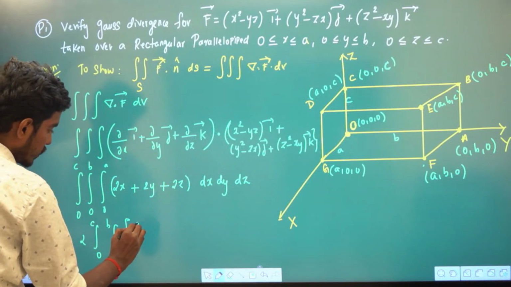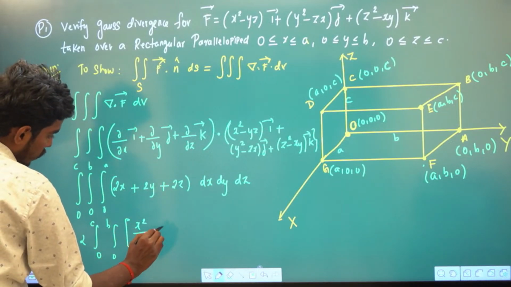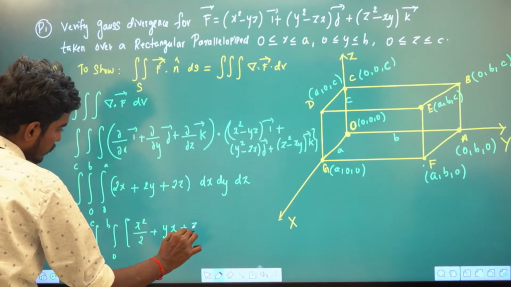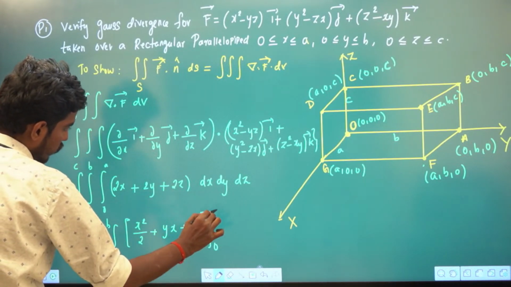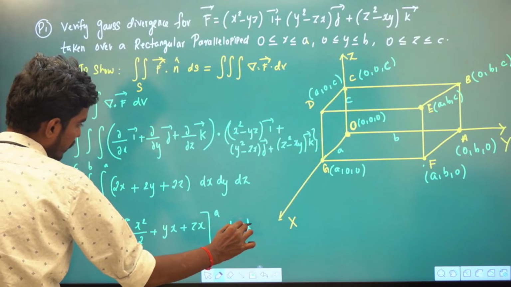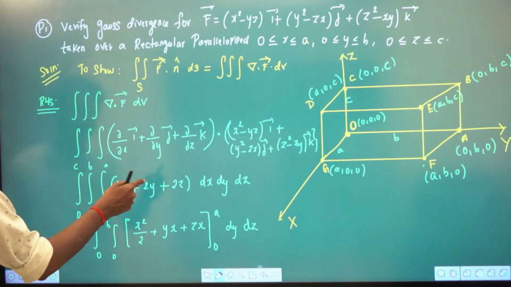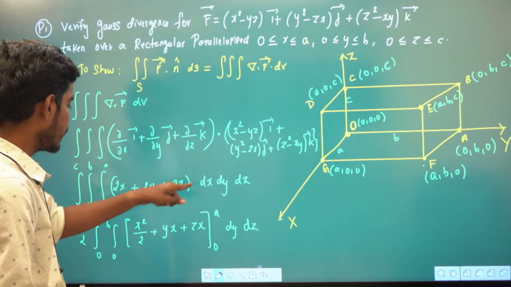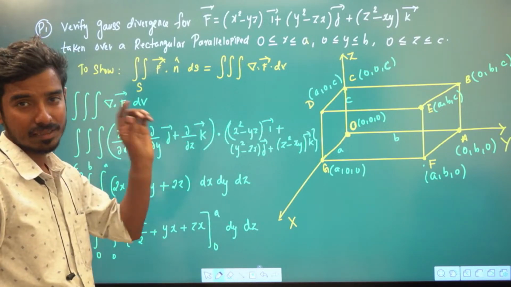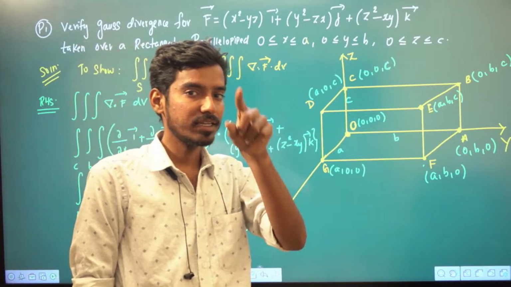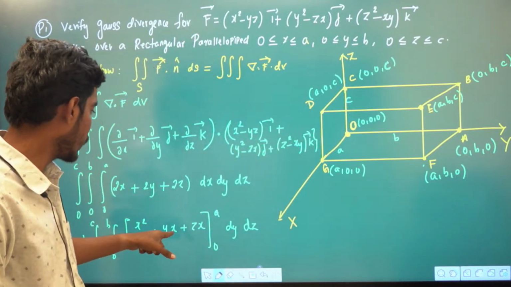So there is 2 outside, with integration from 0 to c and integration from 0 to b. You integrate x plus y plus z with dx. So x dx is x square by 2, plus yx plus zx, from 0 to a, dy dz. Y dx: y is constant, integration of dx is x, so we have yx.